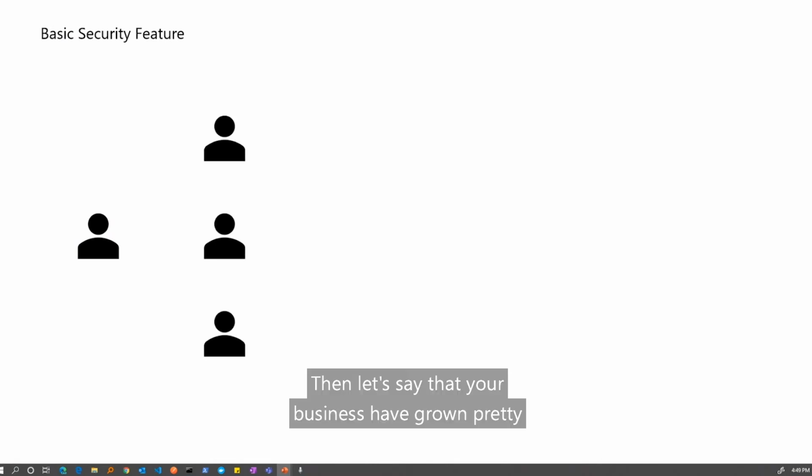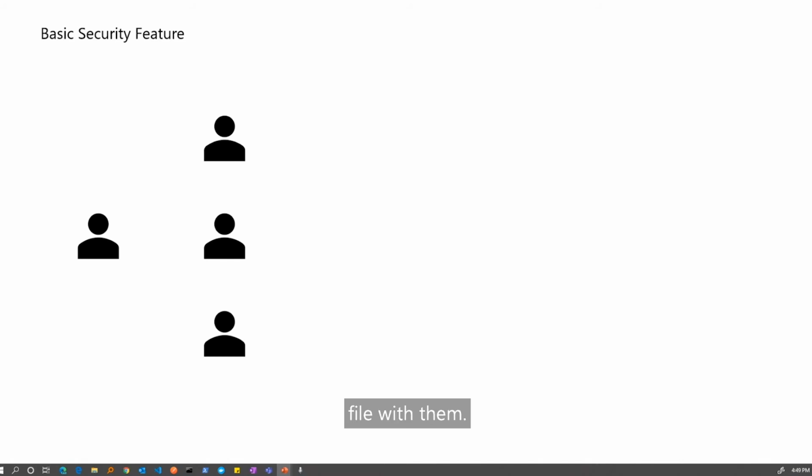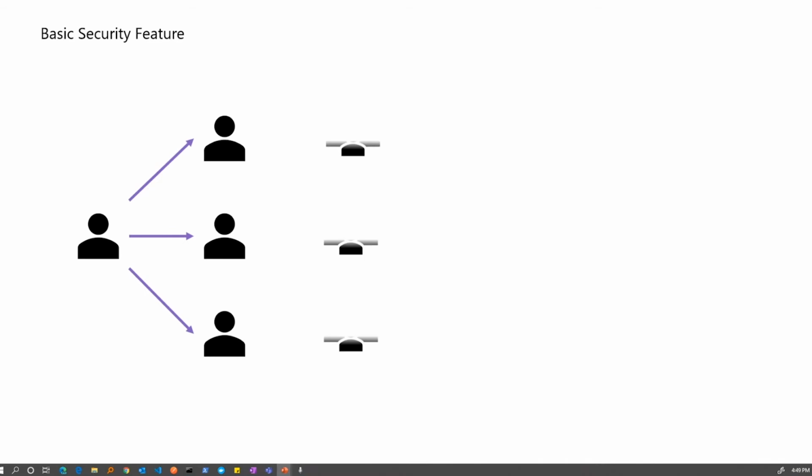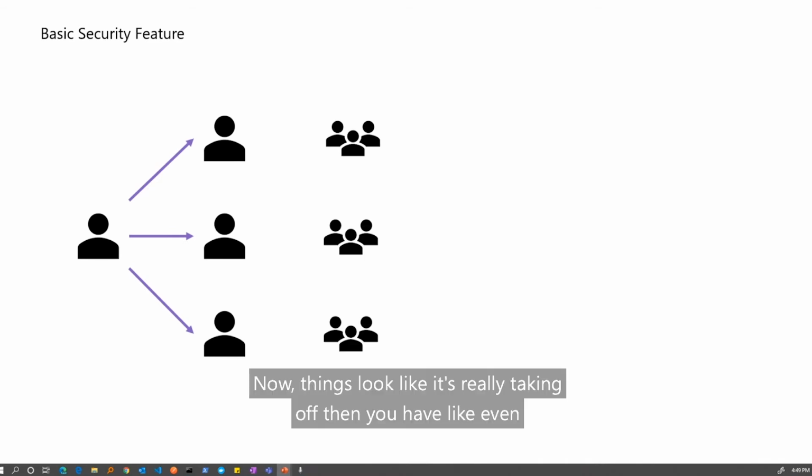Then let's say that your business has grown pretty successfully and you need to include a few more developers for your project. So you just directly share the secrets with them in a group chat or share the notepad file with them. Then things are really taking off.